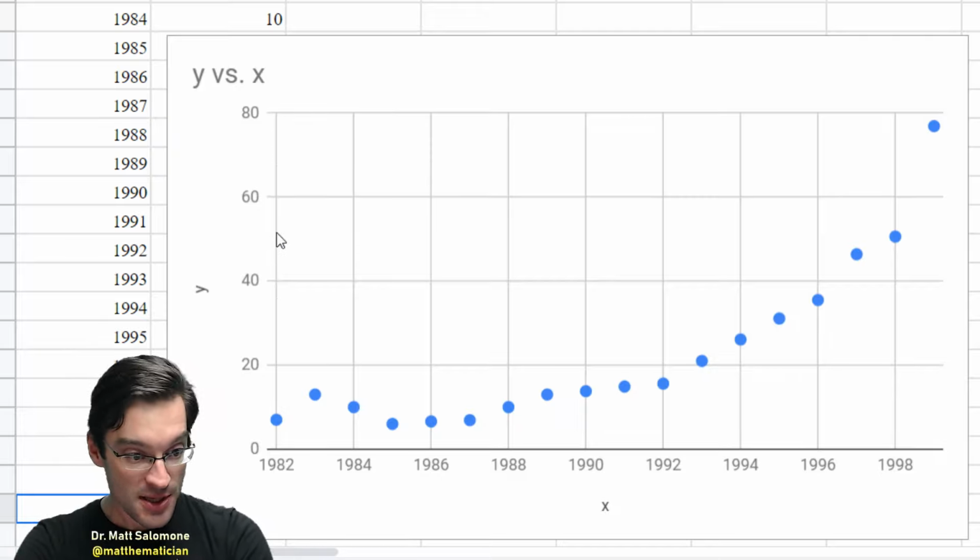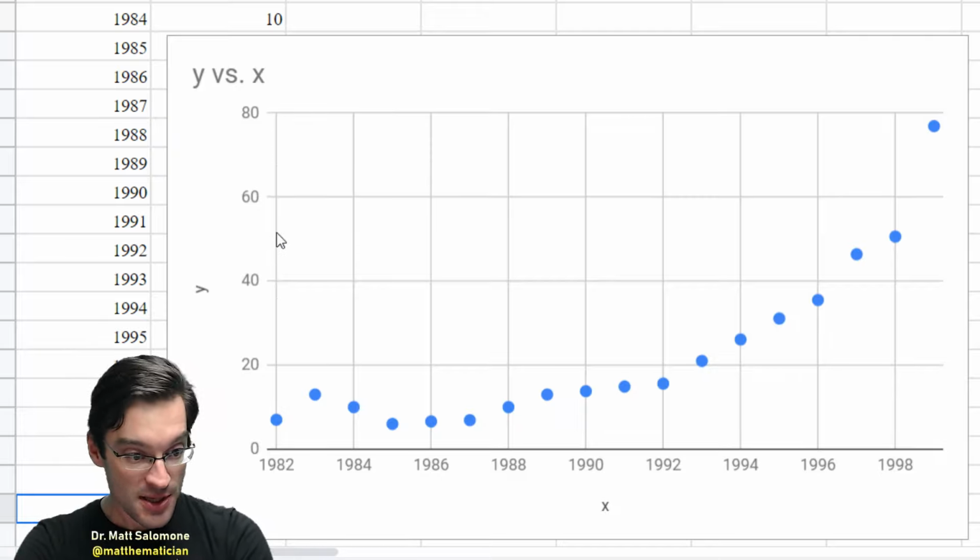But remember what it was that defined exponential function behavior in the first place. I'm going to go back to our verbal description. Our verbal description was that an exponential function is when addition and subtraction in my x quantity correlates not to addition and subtraction in the y's, but instead to multiplication and division in the y's.